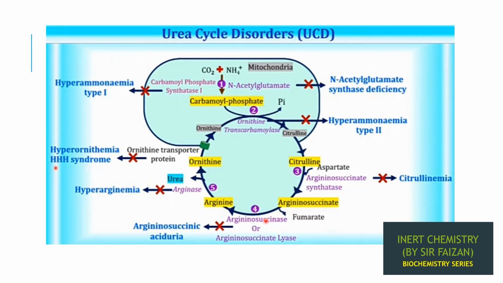Similarly, the fourth enzyme is arginosuccinase, also called arginosuccinate lyase. When this enzyme is defective, it results in arginosuccinic aciduria, a disorder in which more arginosuccinate is released in the urine.